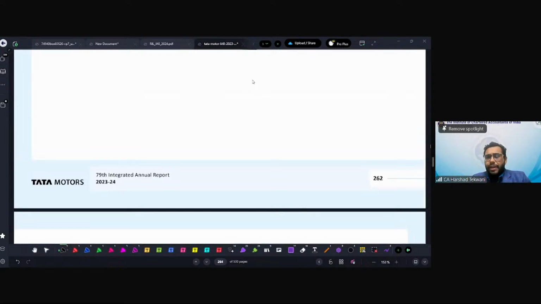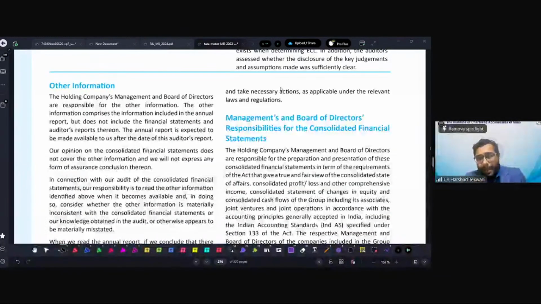But over there we talked about material uncertainty, a separate paragraph, not the other matter paragraph. So there is one more SA where we specifically discussed the other matter paragraph. Anyone?